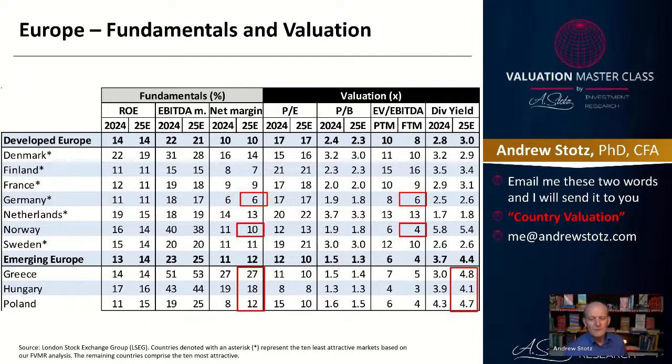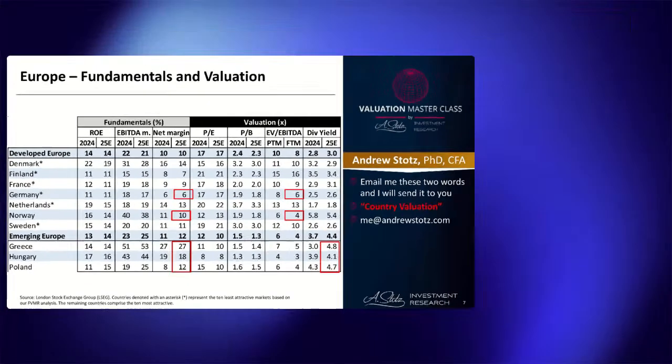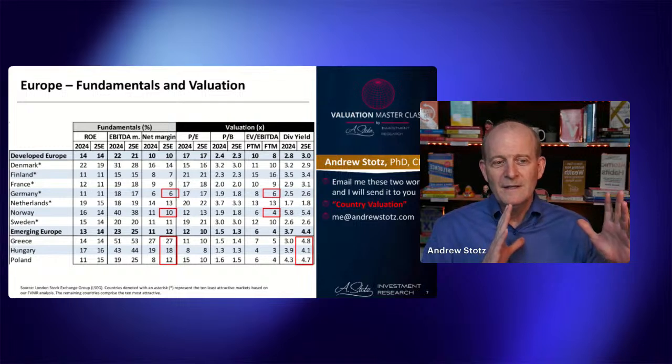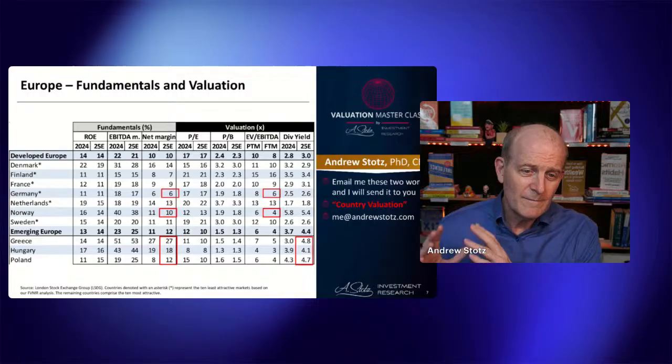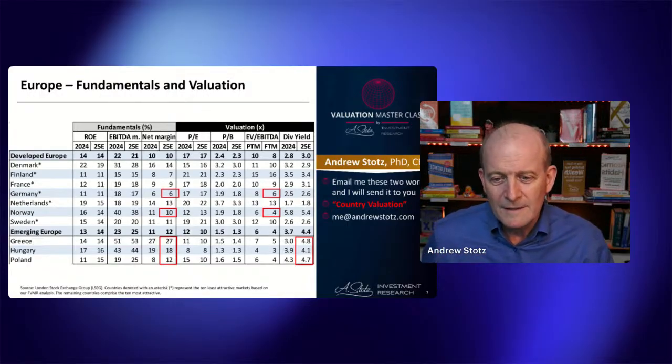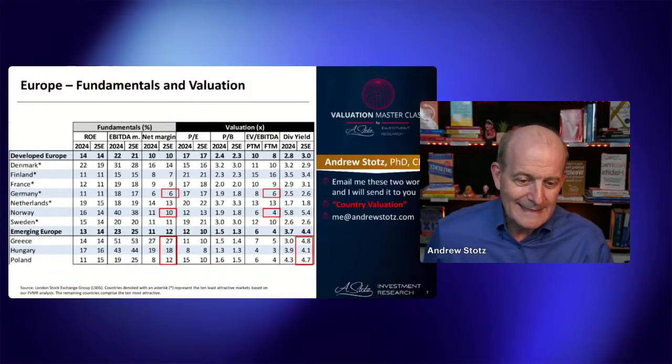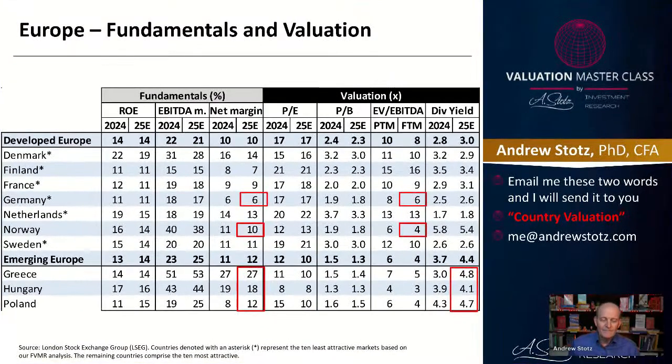Okay. What about emerging Europe? Oh, this is where it gets really interesting. So now we can look at the comparison of emerging Europe versus developed Europe. And what we can see is that emerging Europe is actually pretty darn cheap relative to developed Europe.